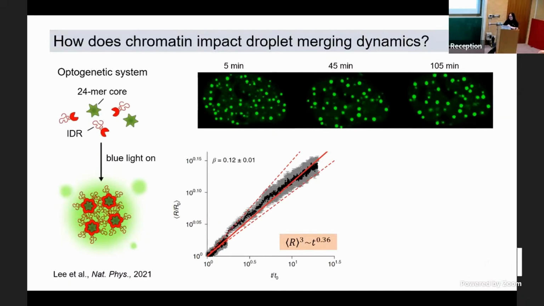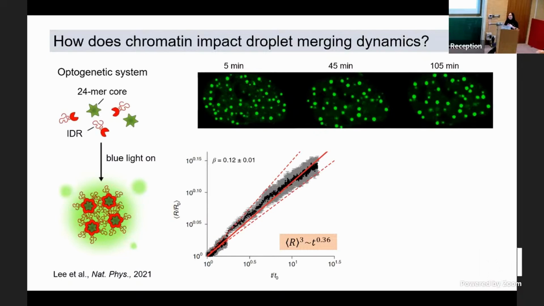But if you really want to understand why these merging dynamics give us a linear relationship, that is because we were assuming that it's a diffusion process, and the diffusion actually cancels with the radius here.